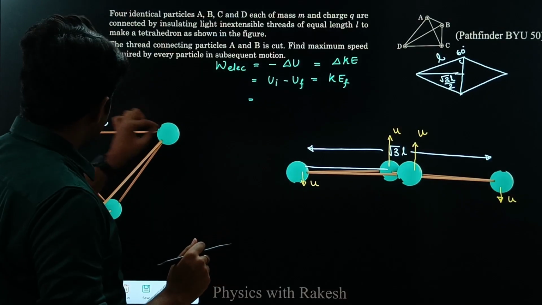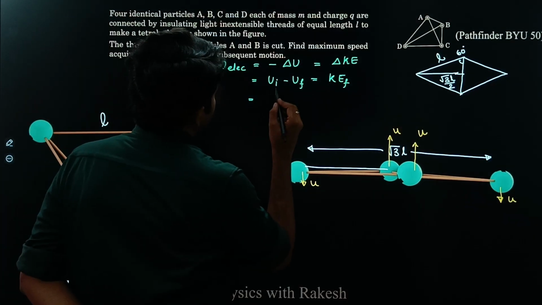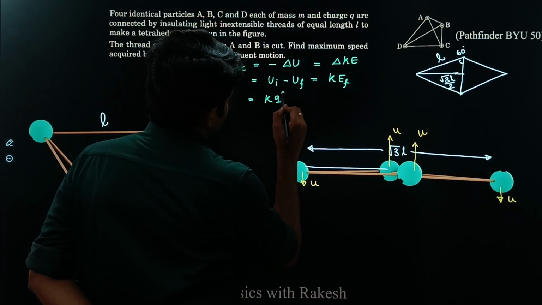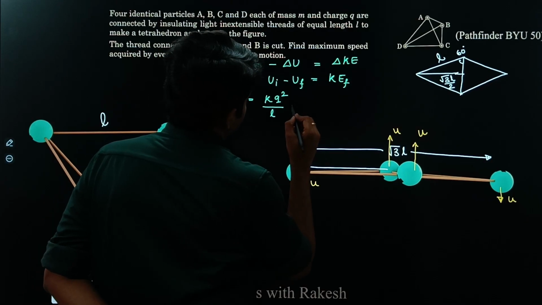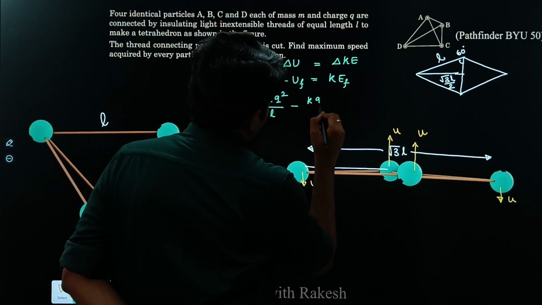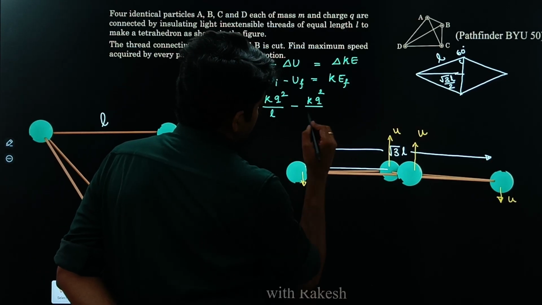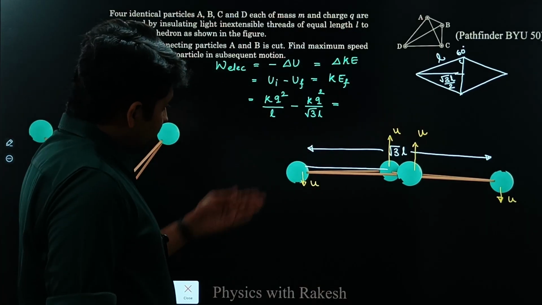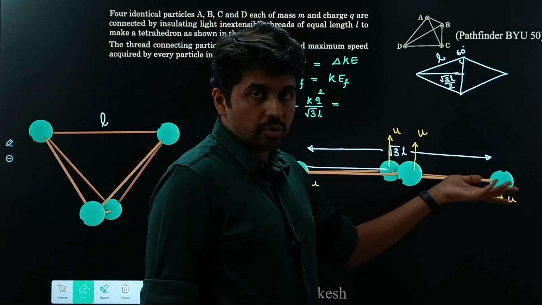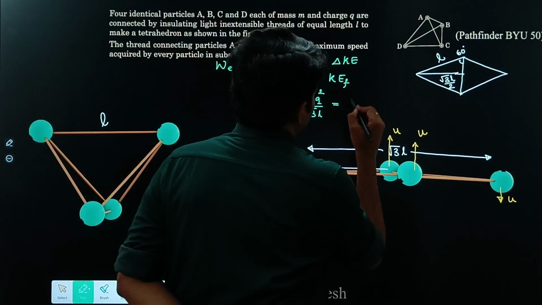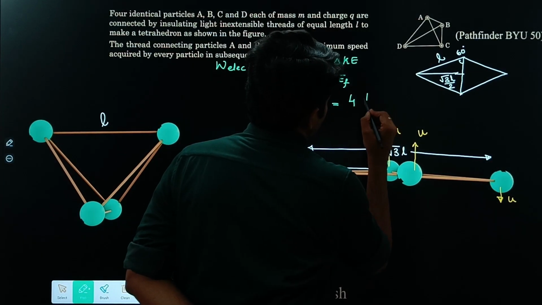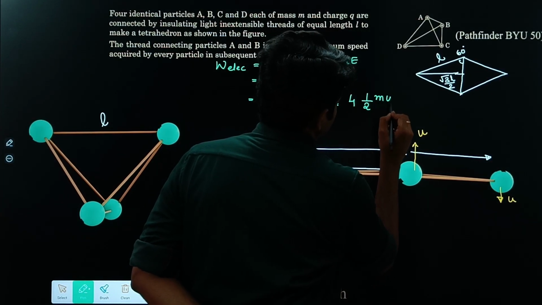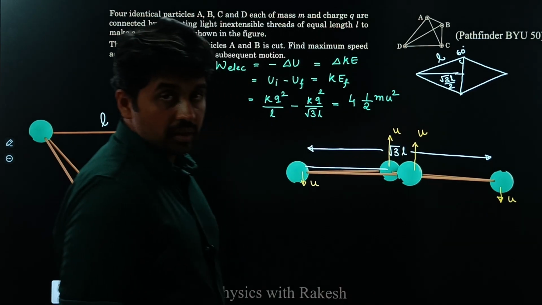We are considering only these two charges, so that will be kq squared by L minus, finally, kq squared by root 3 L, equal to, finally, all the four masses have speed u, so the total kinetic energy is 4 times half m u squared.